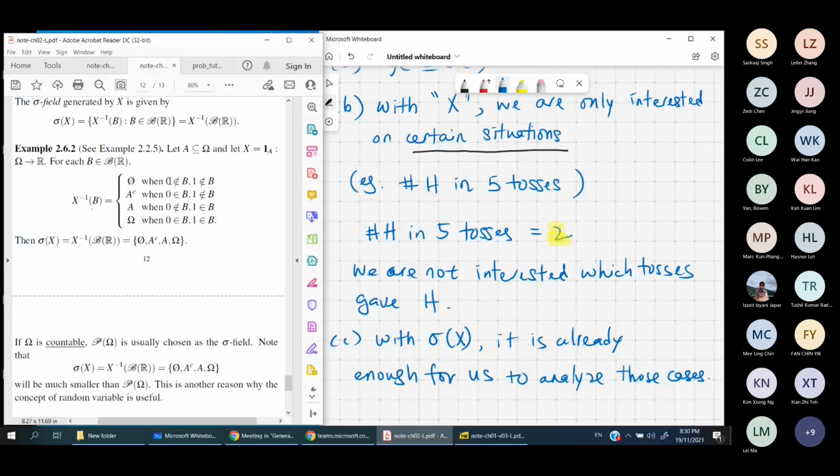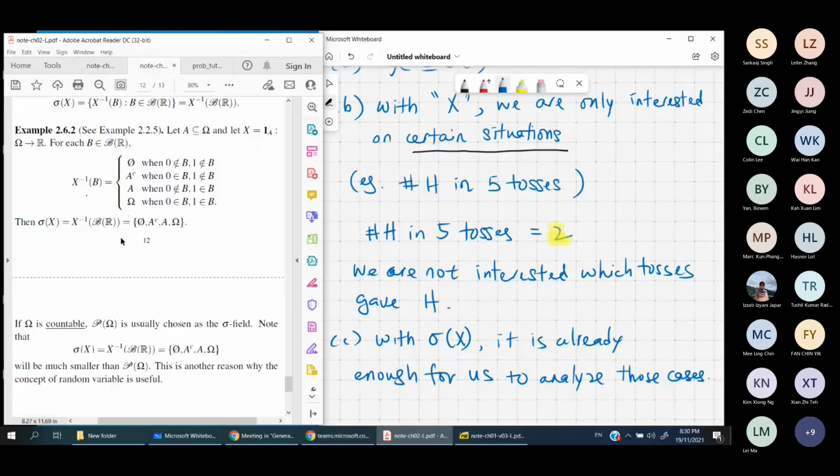It depends on whether 0 belongs to this B or not. I think you can verify it easily. So the pre-image X inverse of B will be like this. In this case, the sigma field generated by X will be the empty set, A complement, A, and omega. With these 4 events, it's already enough for us to analyze this case.